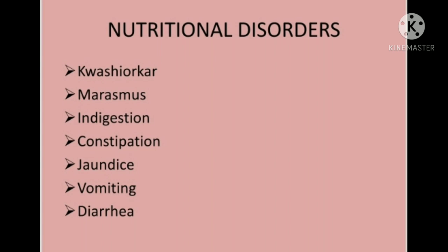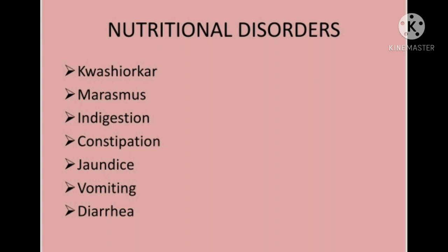By the less or inadequate intake of these nutrients, the person suffers from numerous nutritional disorders. There are different types of nutritional disorders like kwashiorkor, marasmus, indigestion, constipation, jaundice, vomiting, and diarrhea.